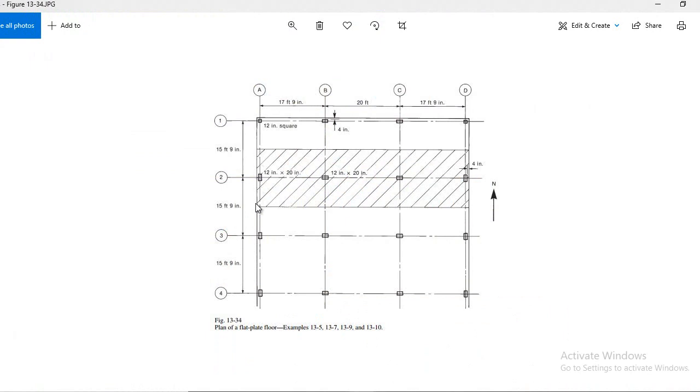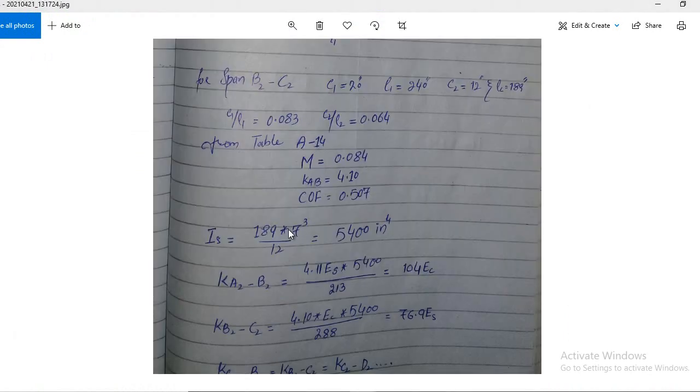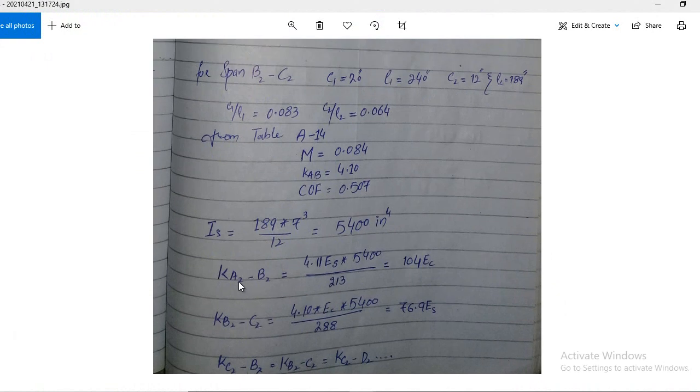This is this length. This is L2, 15 feet and 9 inch, I think so. 189, sorry, times 7 cubed divided by 12. Here, Ksb for A2B2 is 104 and for B2C2 is 76.9. Remember, the Ksb value for C2B2 will be the same for B2C2 and C2D2.